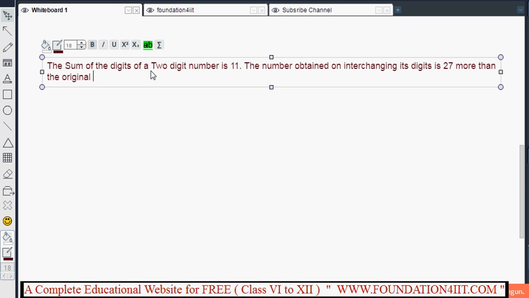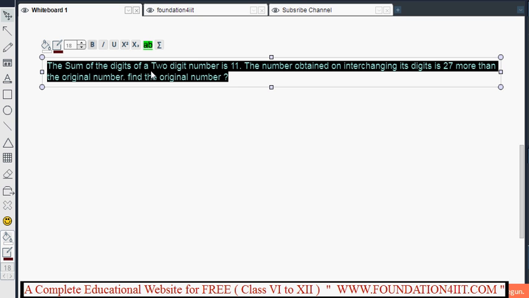Then find the original number. So the original number value we need to find out now. So I'll enlarge.